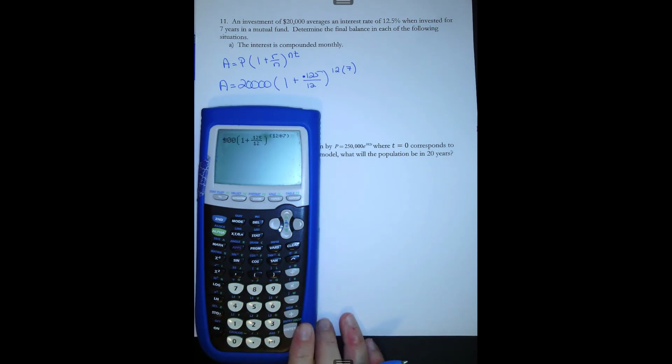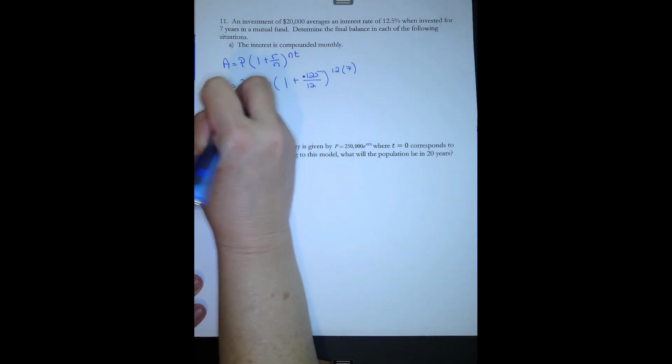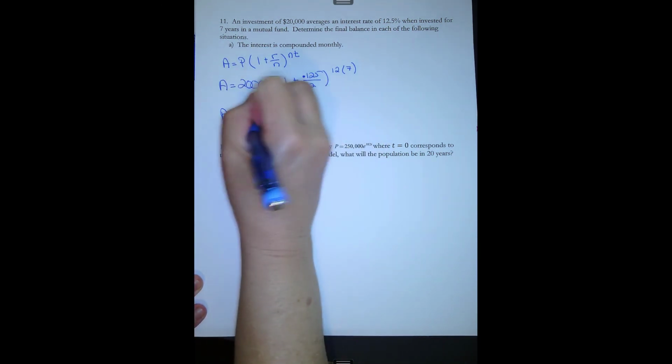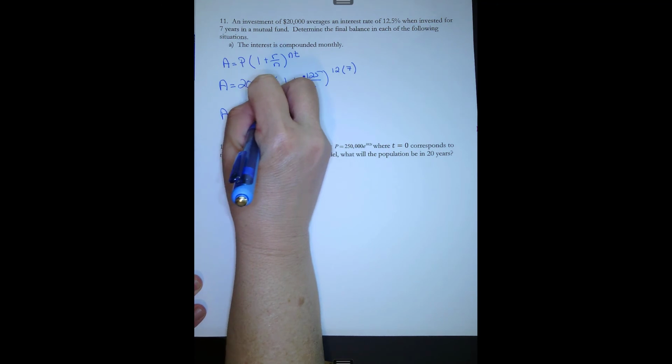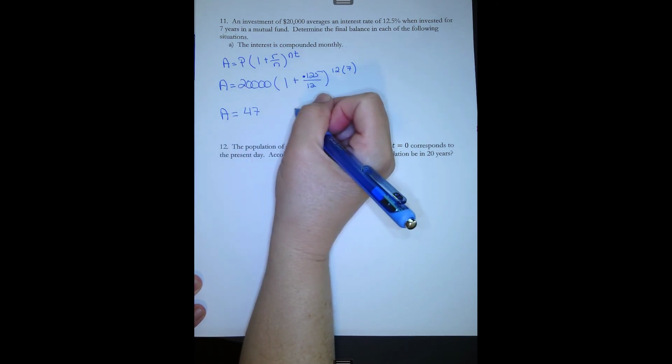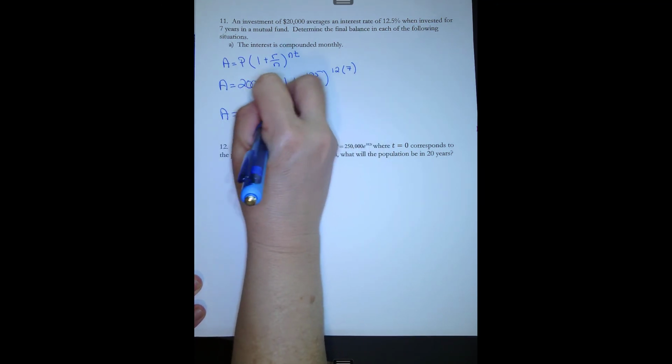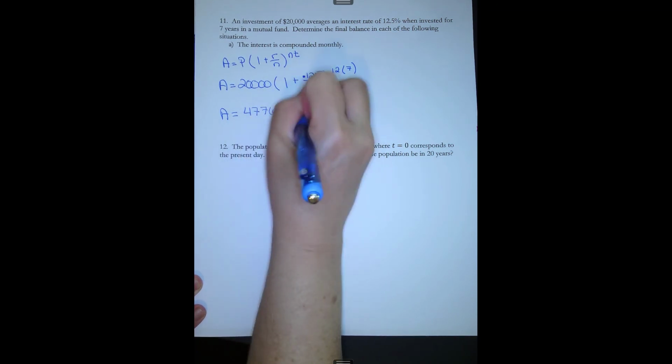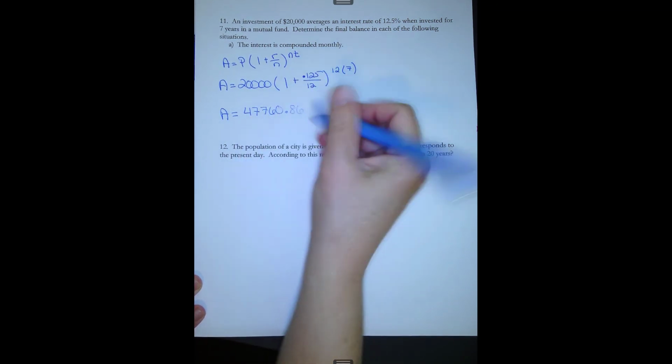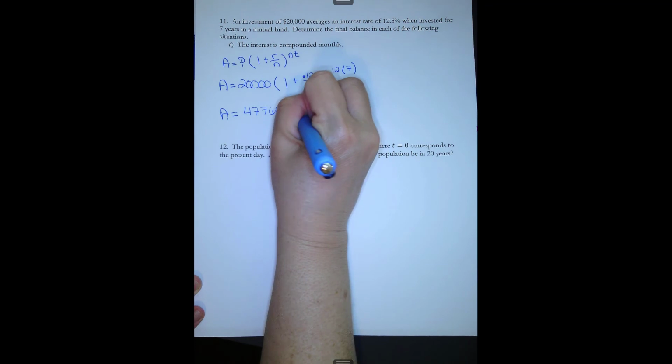That's kind of the easiest way. And then we would notice that we end up with $47,760.86. So our account balance is $47,760.86. Uh-oh, looks like my pen is drying up.